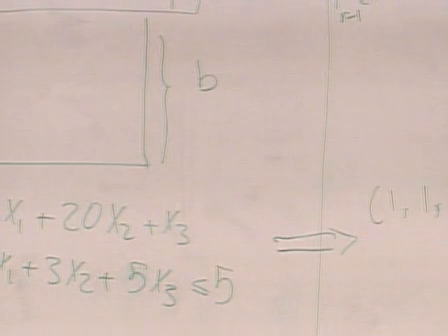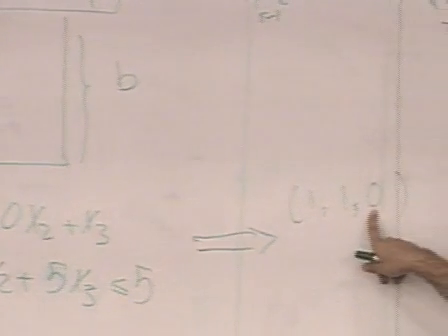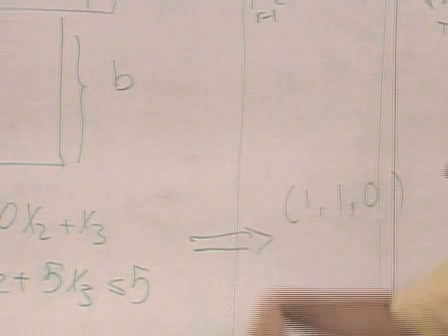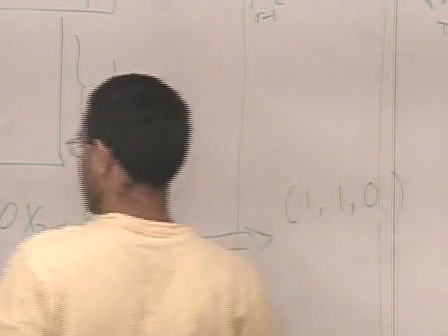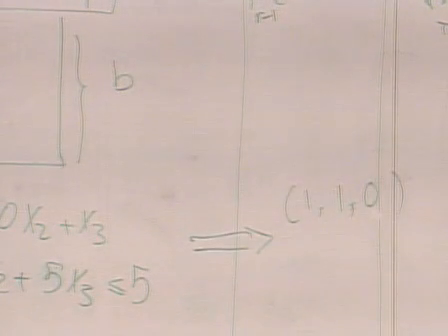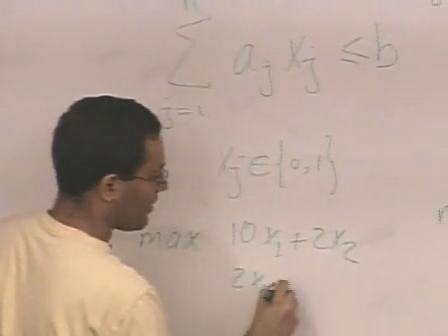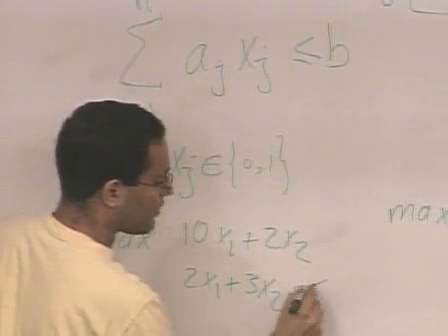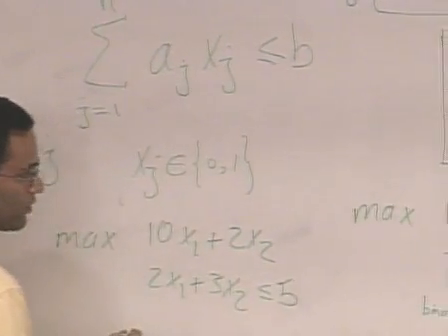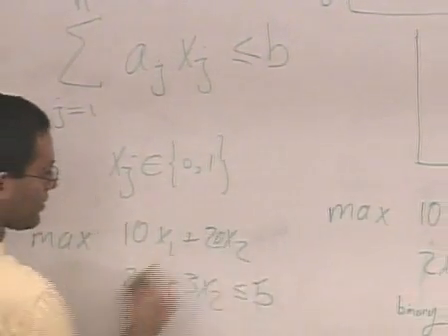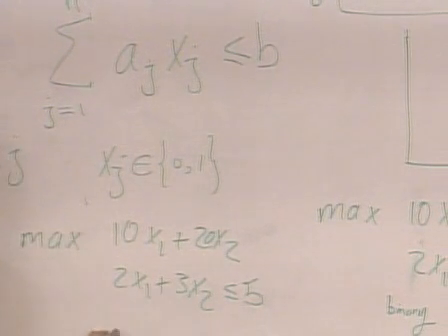Now I'm saying that when this guy was not there in the optimal solution, if I had solved this other problem, maximize 10x1 plus 20x2, given that 2x1 plus 3x2 is less than or equal to 5. Yes. I'm just saying that the optimal solution would be 1, 1.